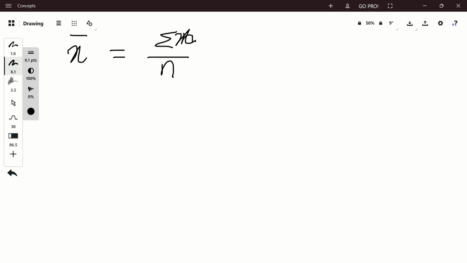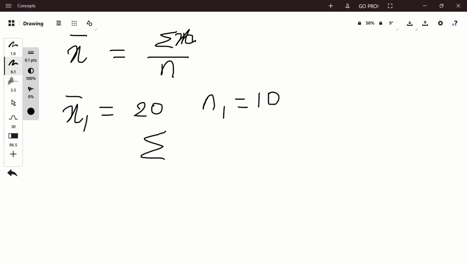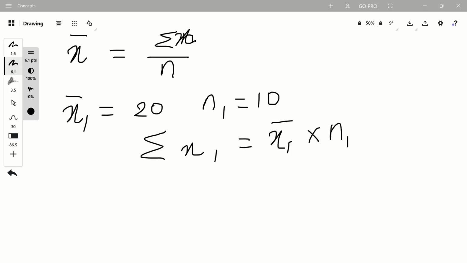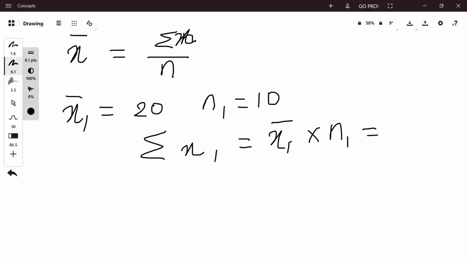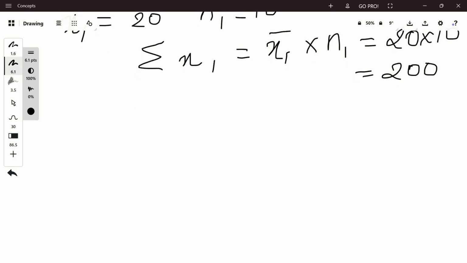Given mean x1 is equal to 20 and n1 is equal to 10, the sum is equal to 20 into 10, which is equal to 200. After adding one number, the new mean is equal to 21 and the count is 11.